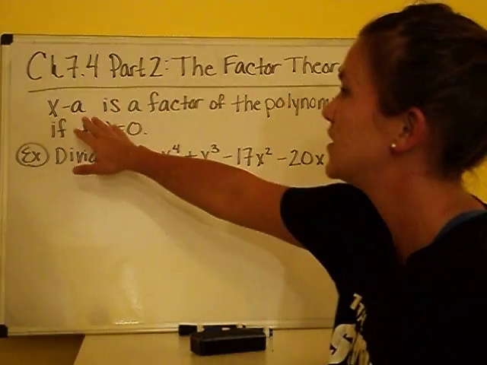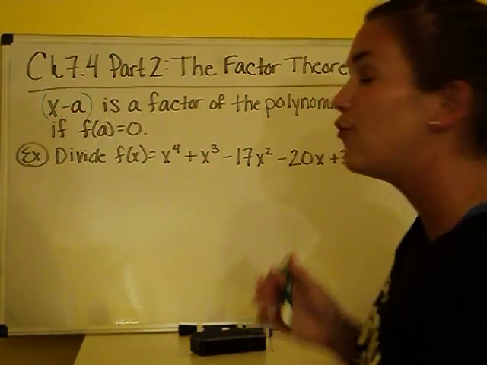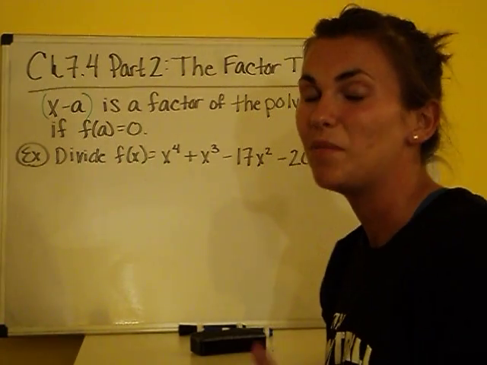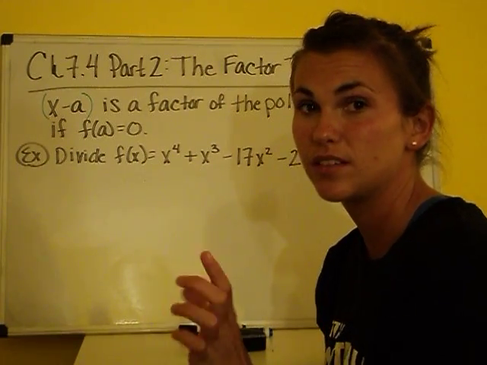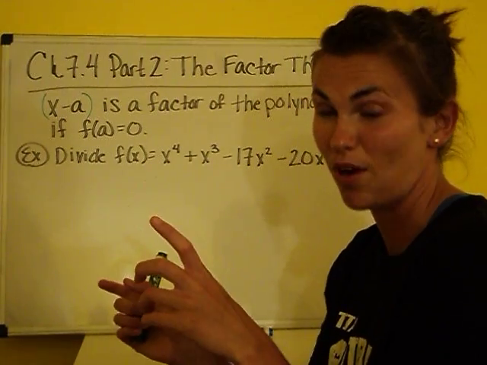So the factor theorem states that x minus a, this binomial, is a factor. Do you guys remember what factors are? We did a lot of factoring in the past couple chapters, and that means writing things as products. Factors are things that you multiply together to get a product.